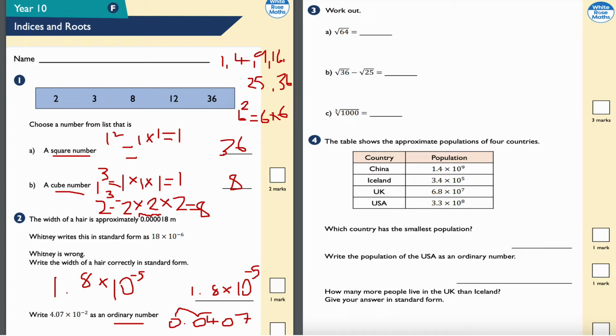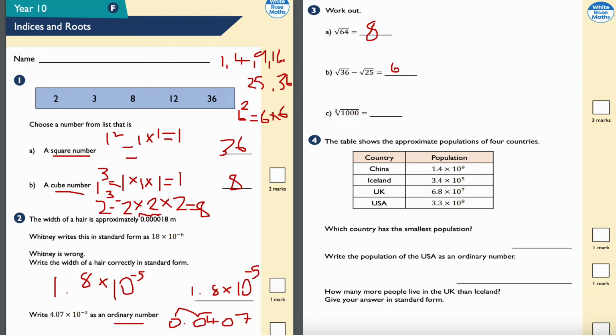This is question number 3. Work out part A, the square root of 64. Well, the square root of 64 is 8, because 8 times 8, or 8 to the power of 2, or 8 squared is 64. Part B, the square root of 36 minus the square root of 25. Well, the square root of 36, we can look from question 1, is 6.